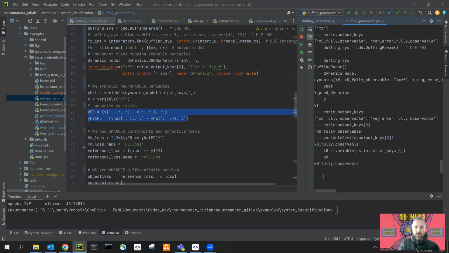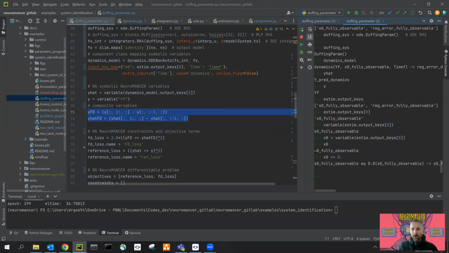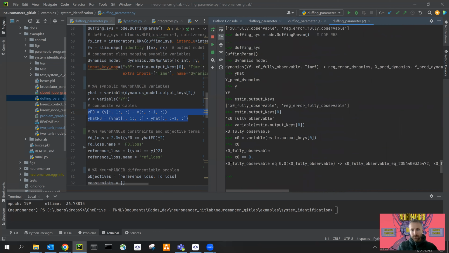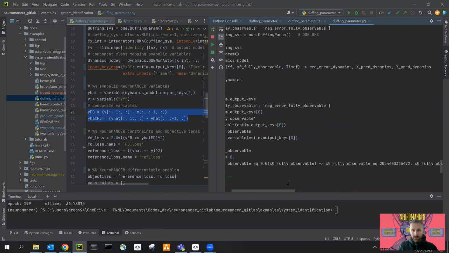Now you created a new extra variable in this command line setting that can be used in the definition of the objectives or constraints. So if I would like to create an objective, I would say, okay, this needs to be equal to 0. And now I have an objective term that will do that for me.